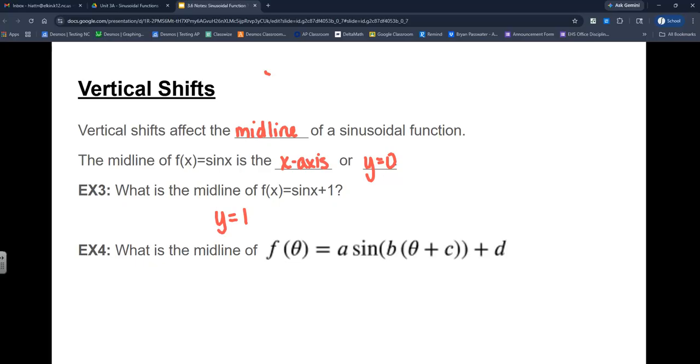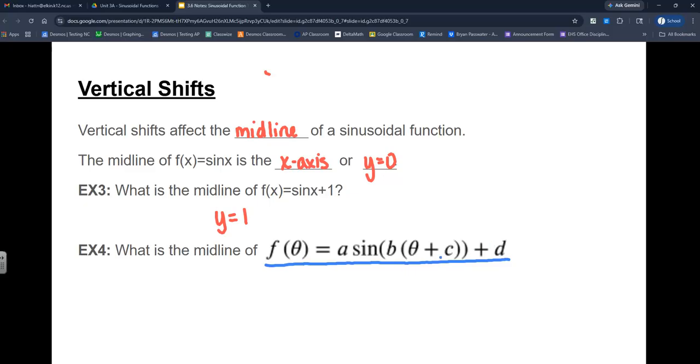So there are lots of transformations that can happen to a sine or a cosine graph, and what you see right here, f of theta equals a sine of b theta plus c, plus d, is going to be a very standard form of a sine graph that we're going to see.